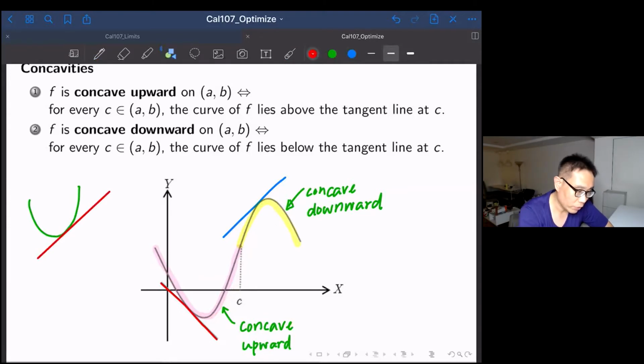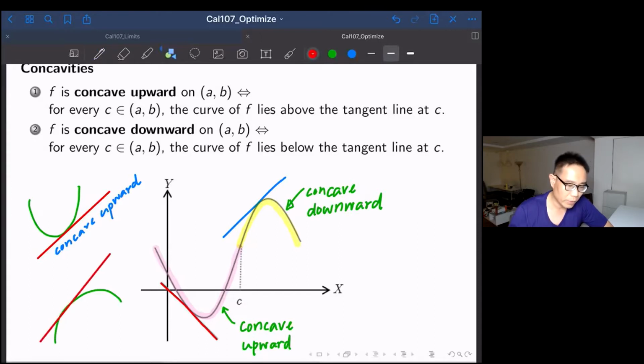This one is called concave up. And if you have a curve that looks like this, and you draw a tangent line, your curve turns out to be below the tangent line.